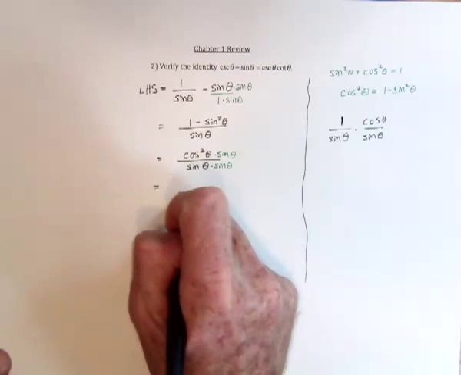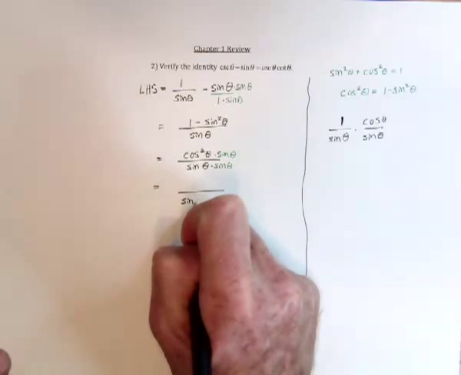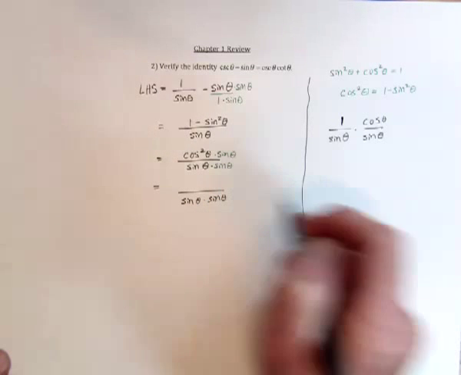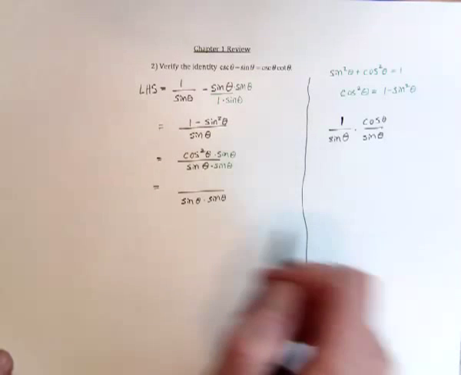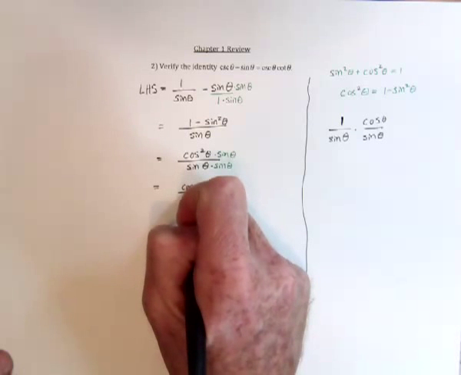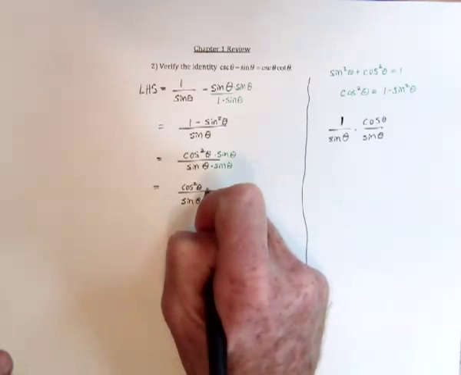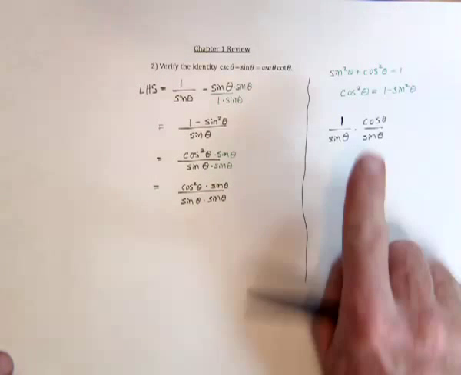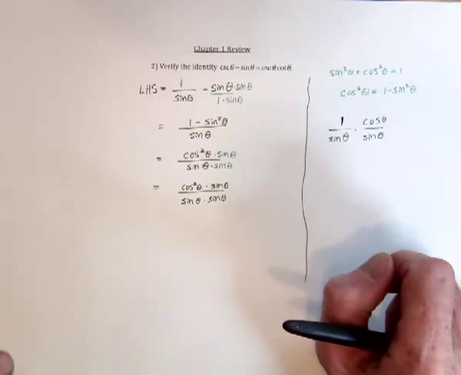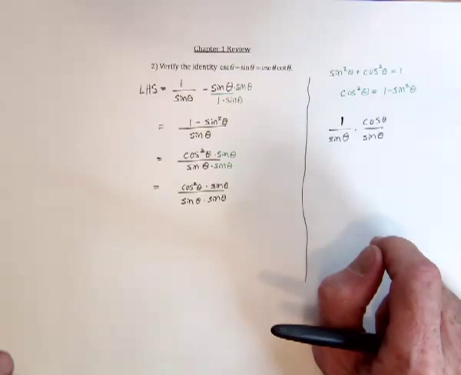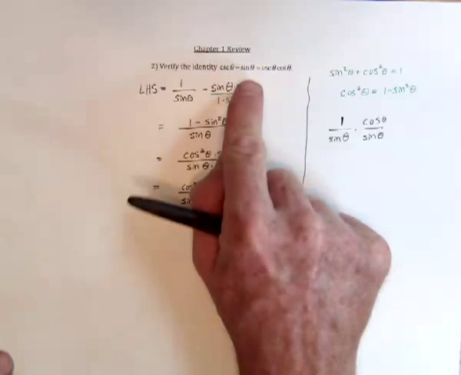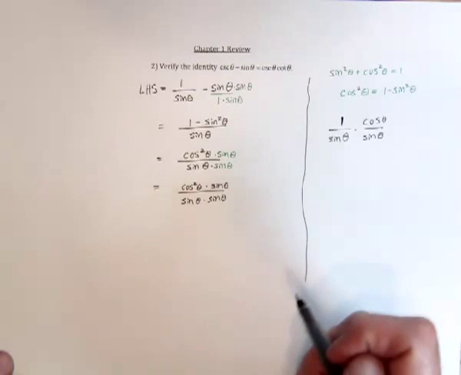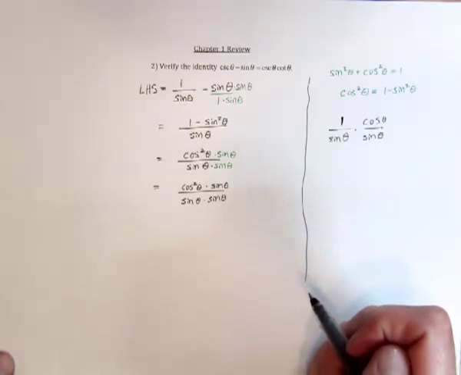And now the denominator looks as it's supposed to, sine times sine. And then for the numerator, I've got cosine squared and a sine of theta. And I'm supposed to just have cosine, at which point I'm getting to be a little skeptical, wondering if this is even true. Maybe somebody threw in a false one to try and trick us.